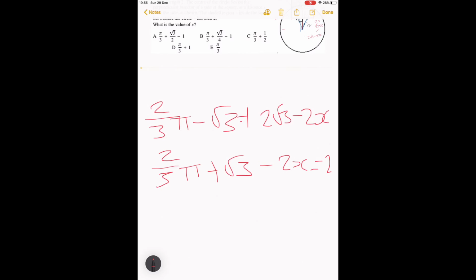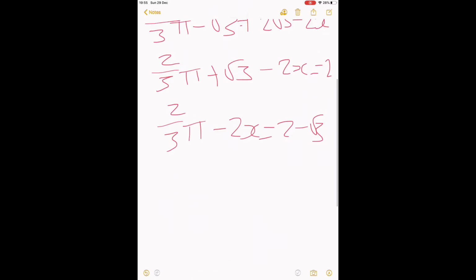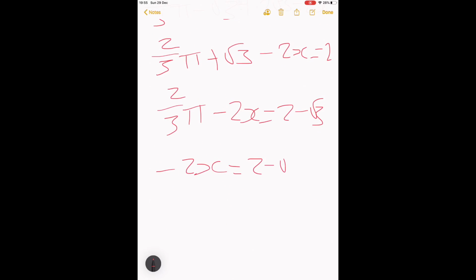Then rearranging it, you would do 2 over 3 pi minus 2x equals 2 minus root 3. And then 2x equals 2 minus root 3 minus 2 over 3 pi. And then x would equal 2 minus root 3 minus 2 over 3 pi, all over minus 2.